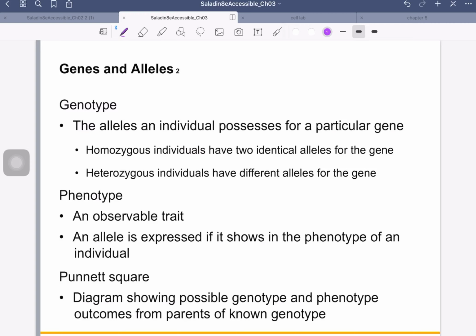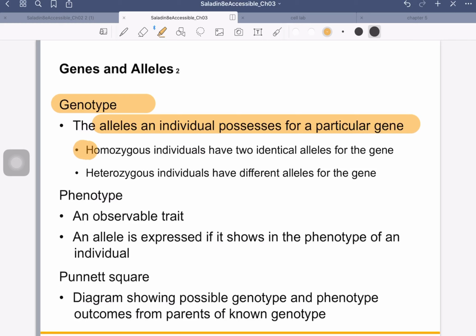Now, genotype. This is the alleles an individual possesses for a particular gene. And since you have two homologous chromosomes, the alleles don't have to be exactly the same and code in the exact same way for a given phenotype.